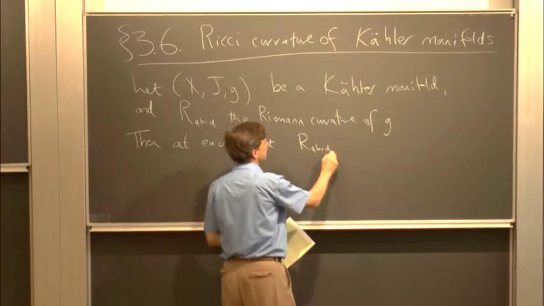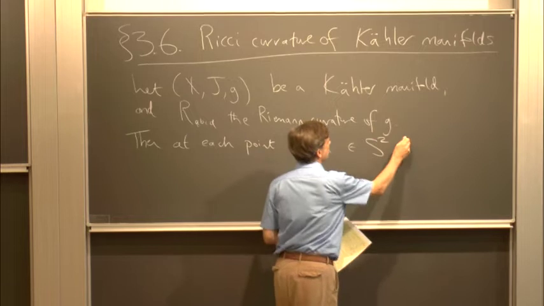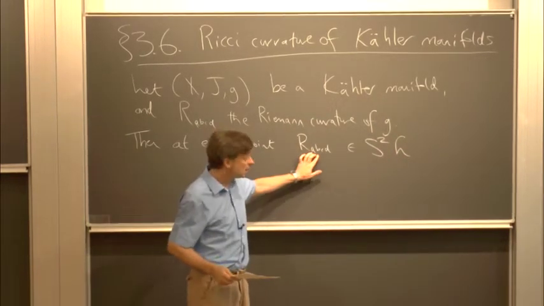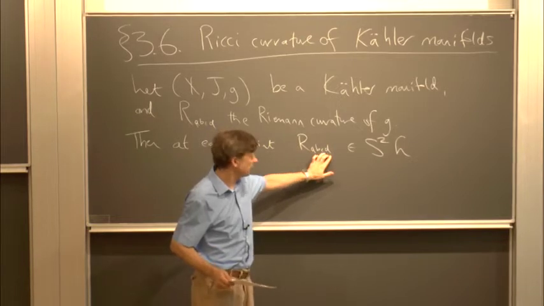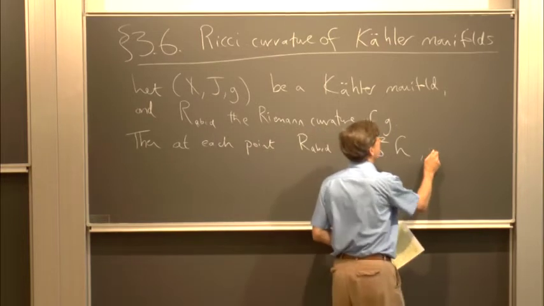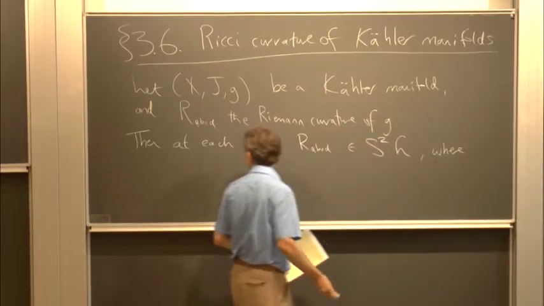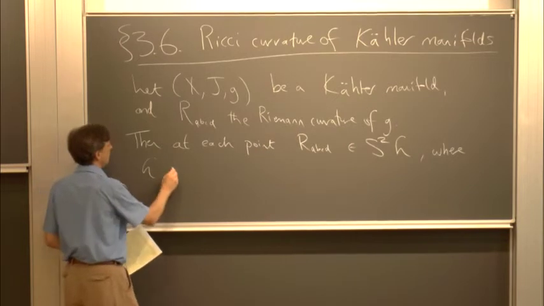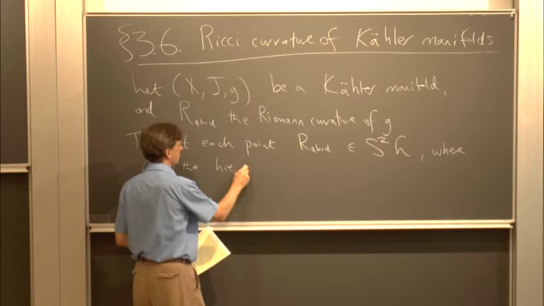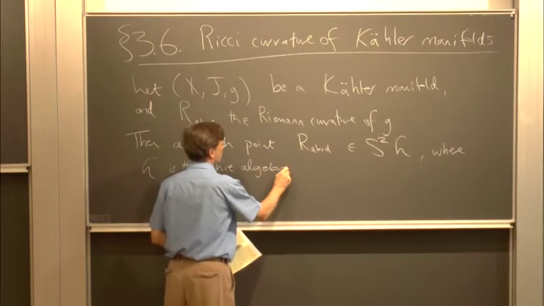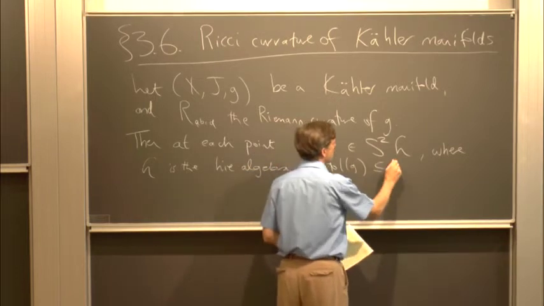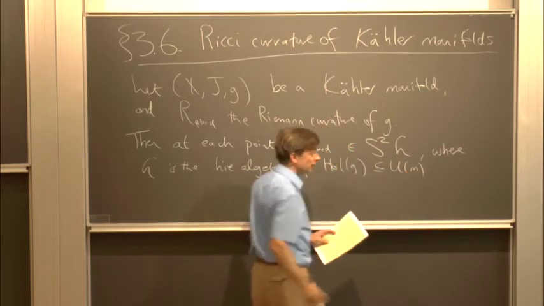you can think about the curvature tensor as lying in the symmetric tensor product of H with itself, where the ab indices lie in one copy of H and the cd indices lie in the second copy of H, where curly H is the Lie algebra of the holonomy group of g, which is contained in U(m), since g is Kähler.